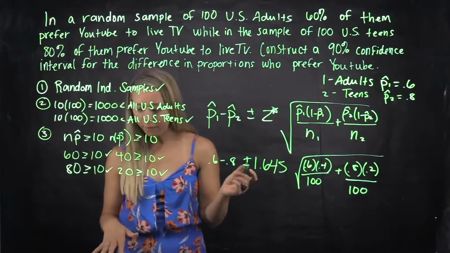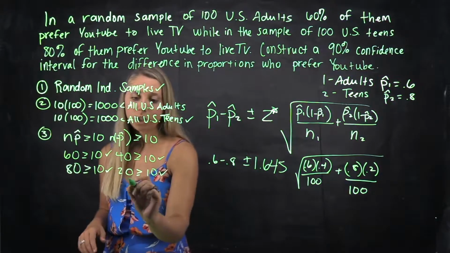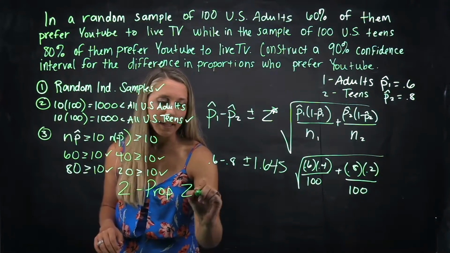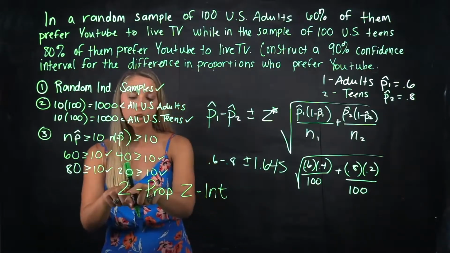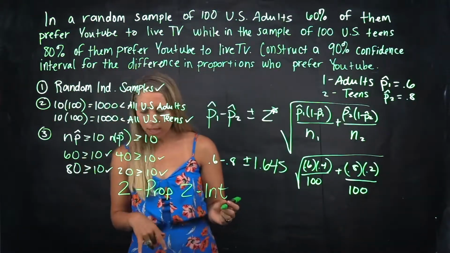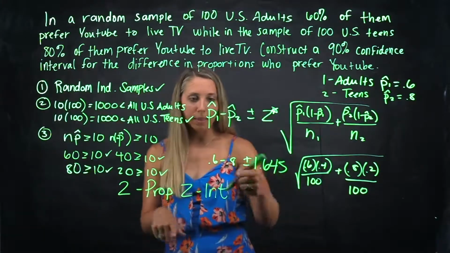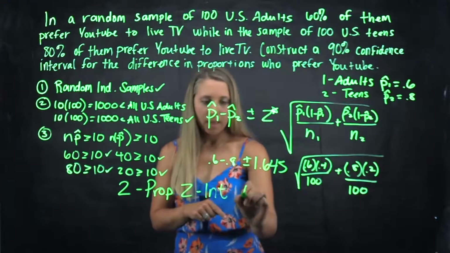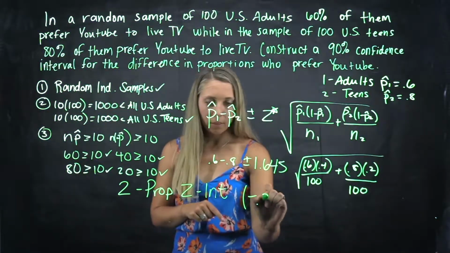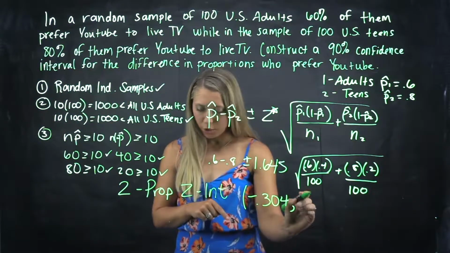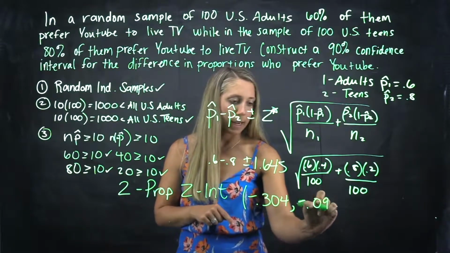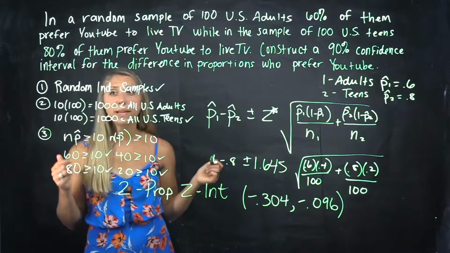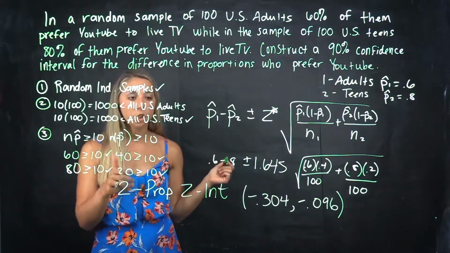Otherwise, you can feel free to use the calculator function, 2-prop z int. So if you follow this, two proportions, it's a z interval, and we come up with, and both of these should be very close to each other in numbers, negative 0.304 to negative 0.096.